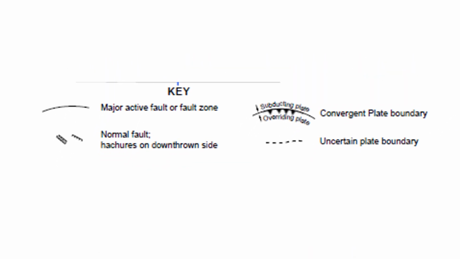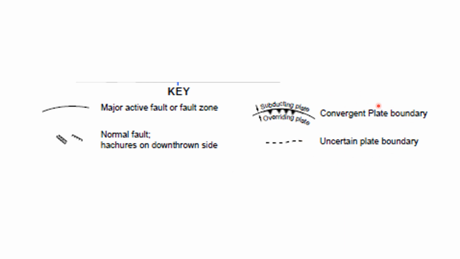What else do we have here? We have some major active faults or fault zones. Remember, a fault is like a crack in the rock. We have some normal faults in the key for our map. We're going to see these hatchers or lines indicating a normal fault.